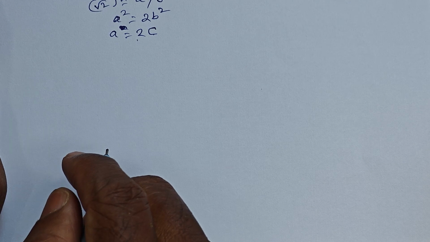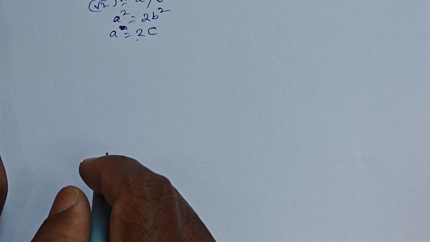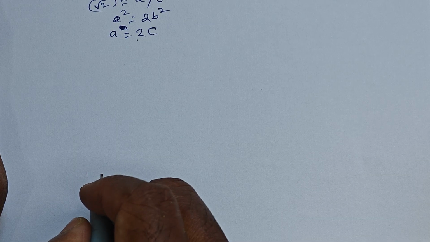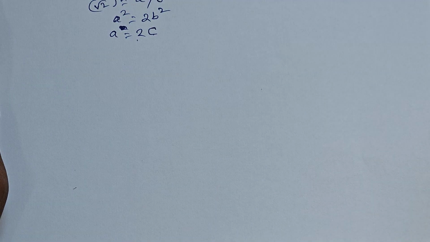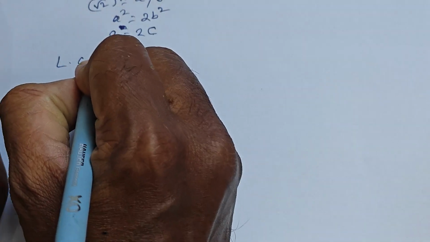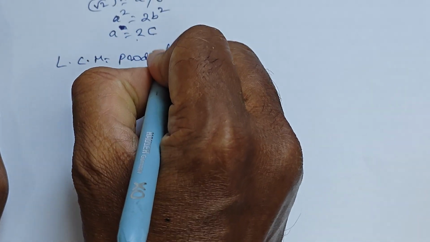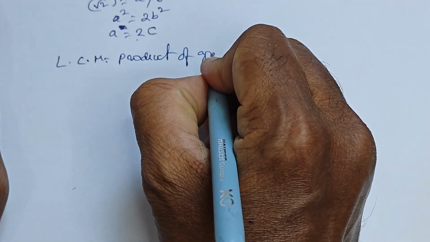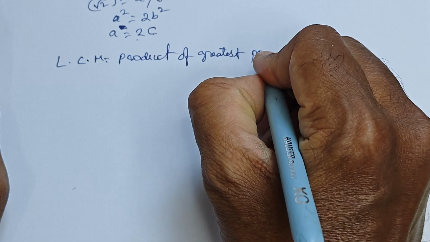Remember, we are not going to use any shortcut method for finding the LCM or HCF of three given numbers. LCM, if they have given three numbers, like say 12, 18 and 54, which I think we have done. LCM is the product of the greatest powers of factors.